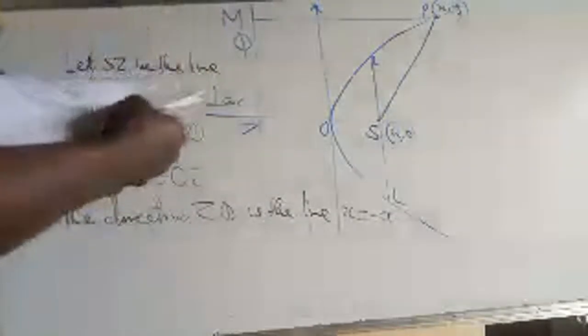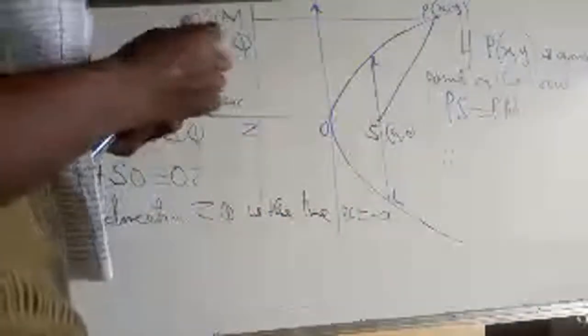If P(x, y), which is the locus point, is any point on the locus, then PS will be equal to PM.